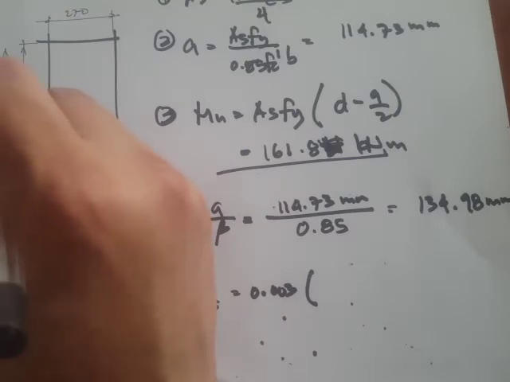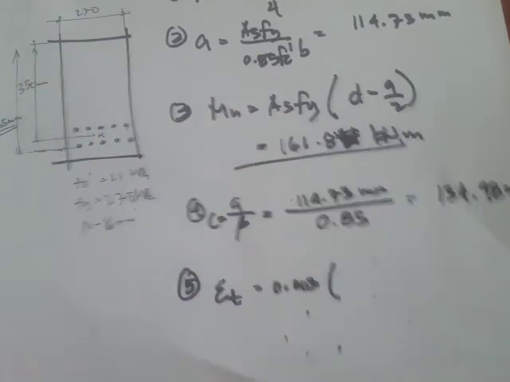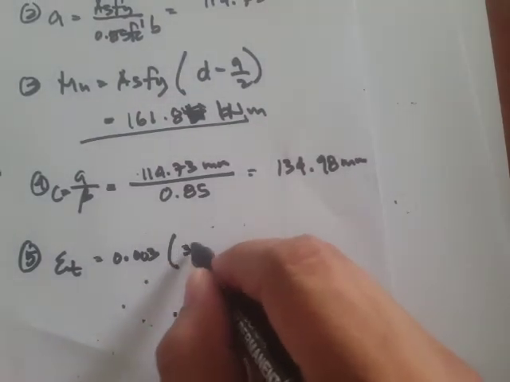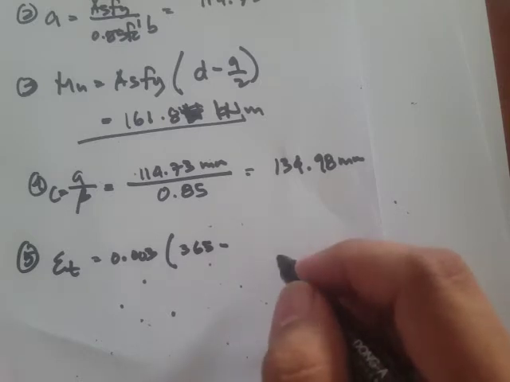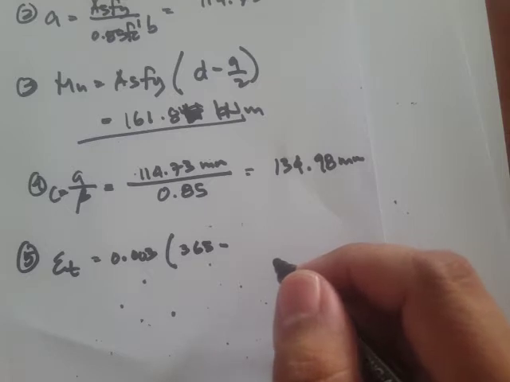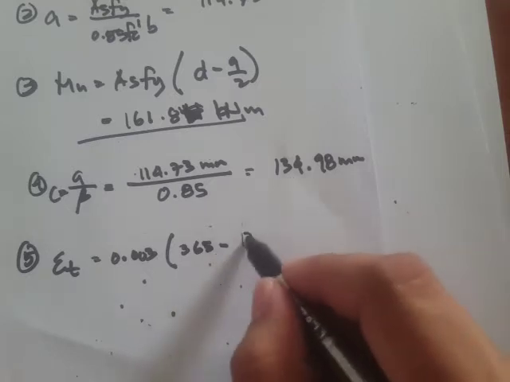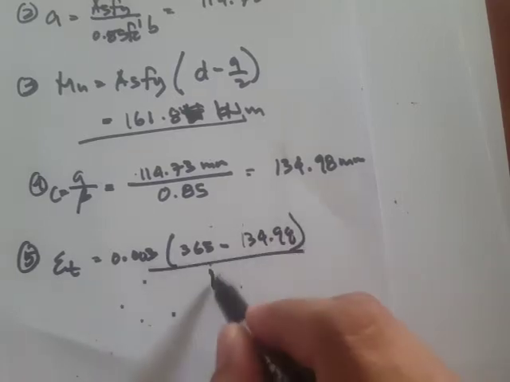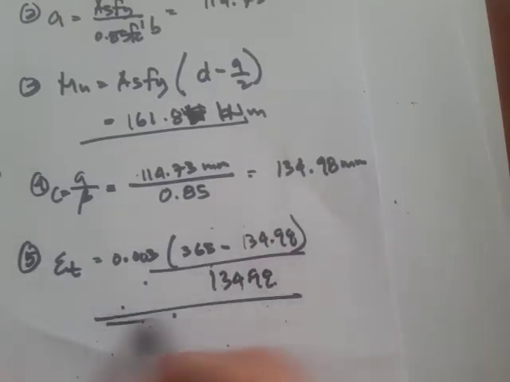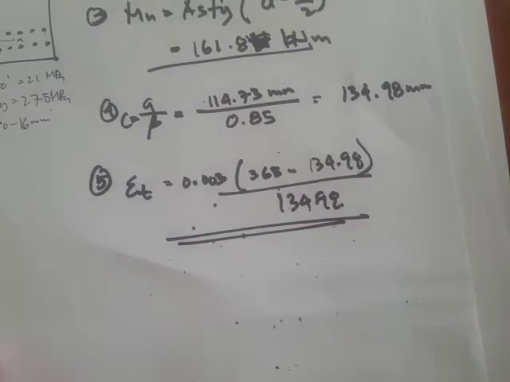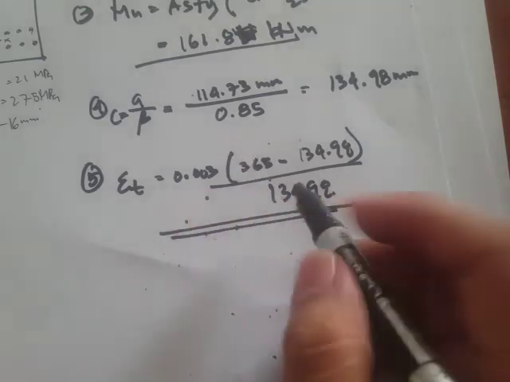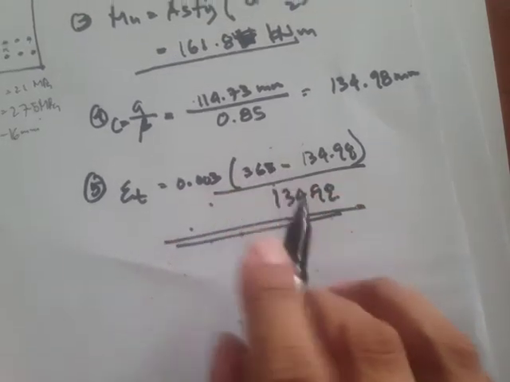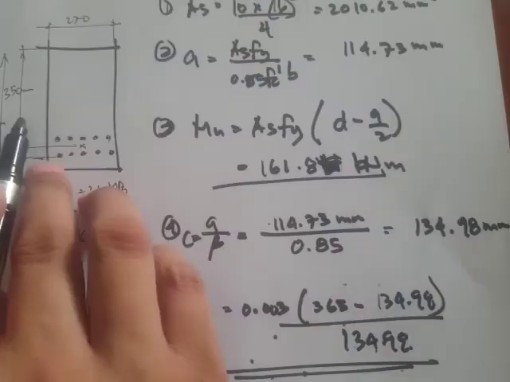Then you just have to solve 365 minus our c, so 365 minus 134.98, all over 134.98. I suspect that we will be in the transition region, but you have to check it, because in my first calculation I just used the value of 350.